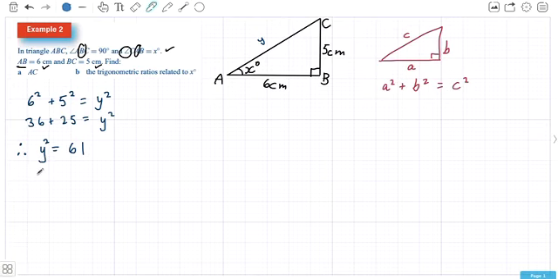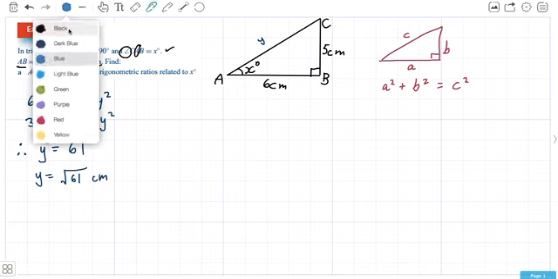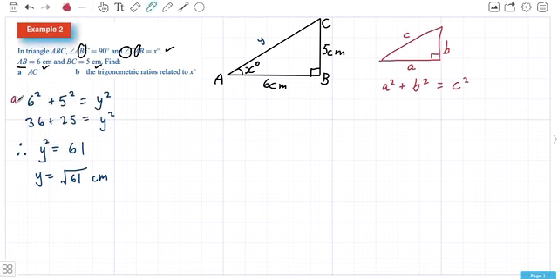Now we're going to take the square root of each side. Now it would normally be plus minus square root here, but because we know we're dealing with positive values, because it's a length of a triangle, we're just going to use the positive square root. Okay, so positive square root of 61, and remember that it's centimetres. So that's our answer to the first part, part A.